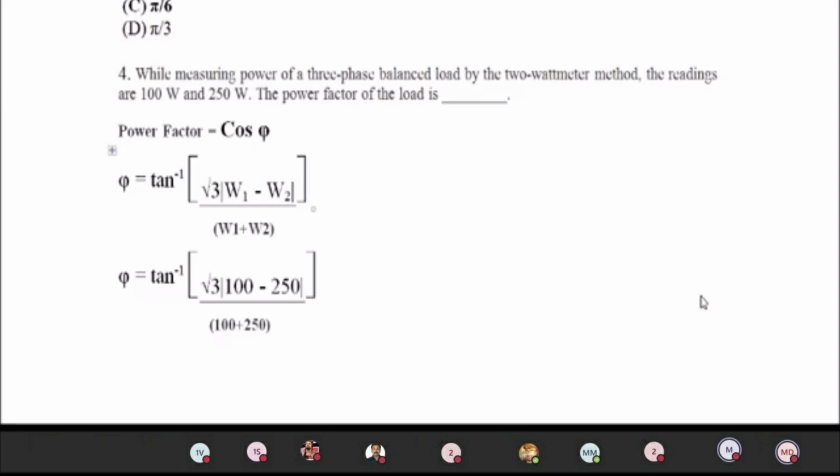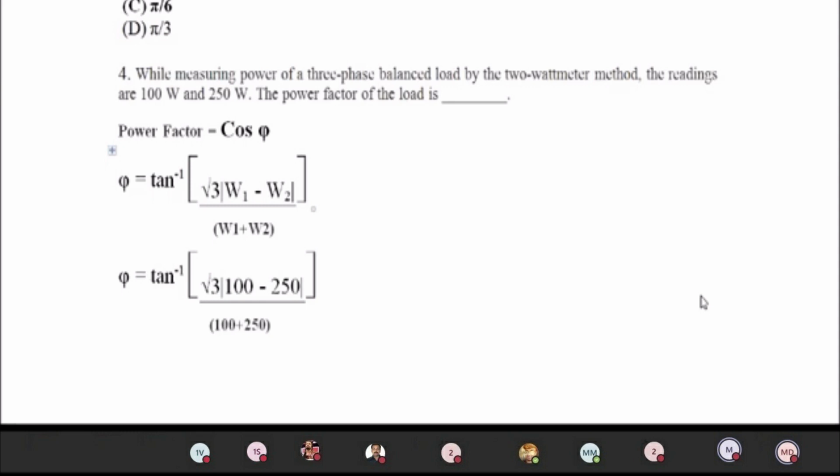In general, for the 2 wattmeter method we have the formula phi is equal to tan inverse of root 3 into magnitude of W1 minus W2, the whole divided by W1 plus W2. In the question W1 and W2 are given, but we need the power factor. The general formula for power factor is cos phi.